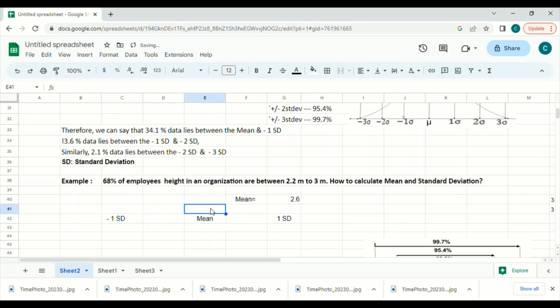And the mean we have already calculated, which is 2.6 meter, and the upper range is 3 meter, and the lower height is 2.2 meter.